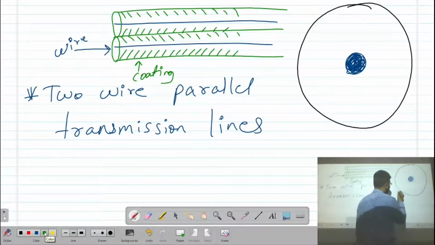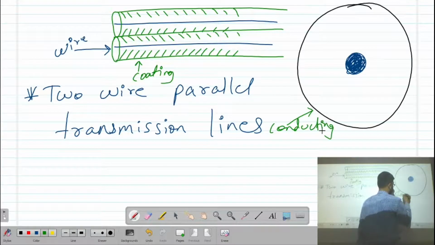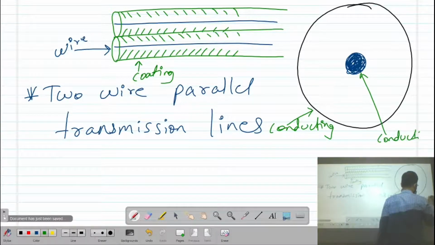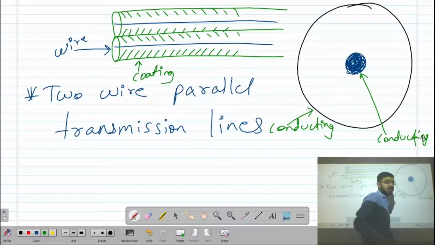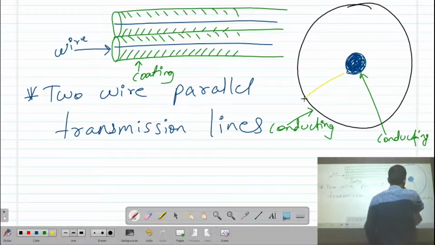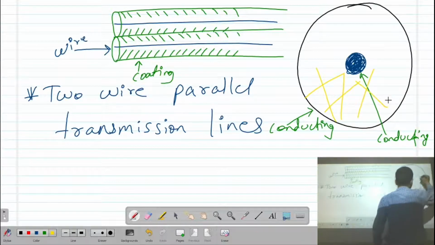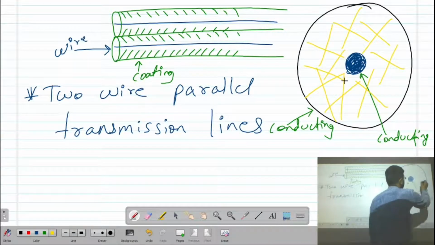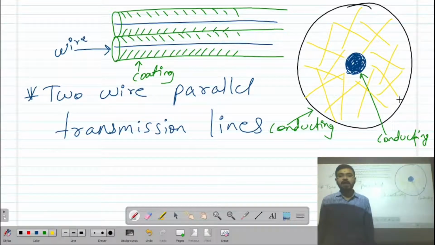This type of wire, and the inner portion will be filled with dielectrics and other supporting materials, right?